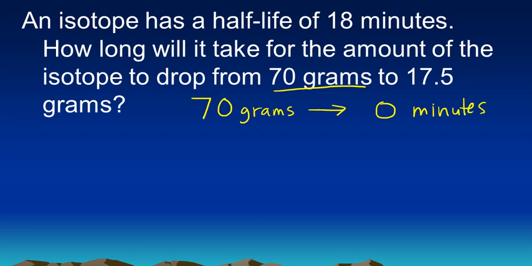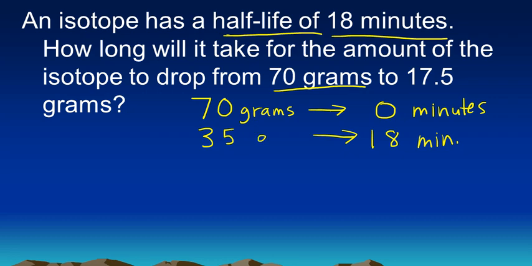And then if the half-life is 18 minutes, that means that after 18 minutes, we've dropped to half of 70, which is 35 grams. Now another half-life would be another 18 minutes, so 18 plus 18 is 36 minutes.